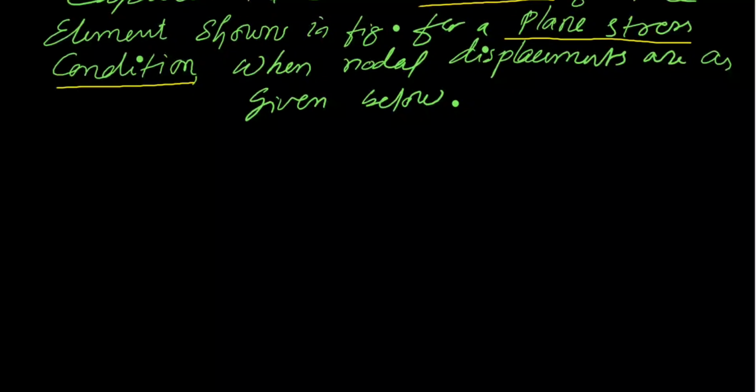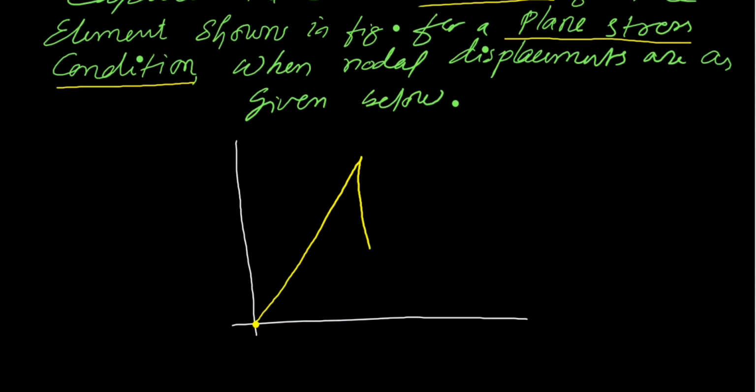So there is a triangle like this, and here this is q1, this is q2, and here at 2 q3, this one is q4 as the displacement.